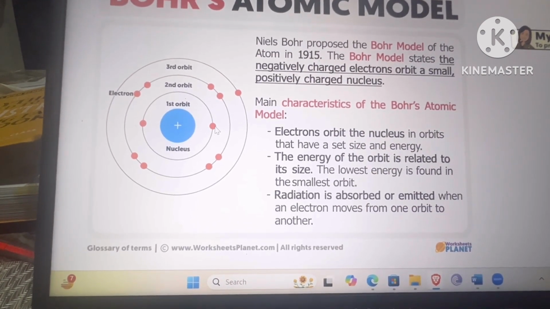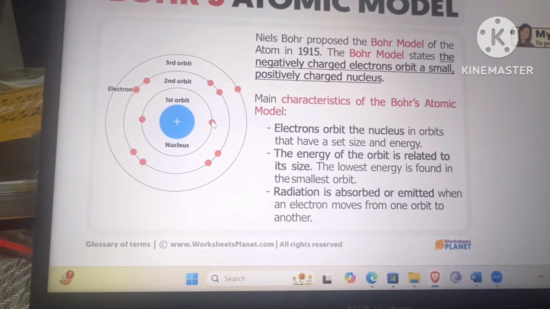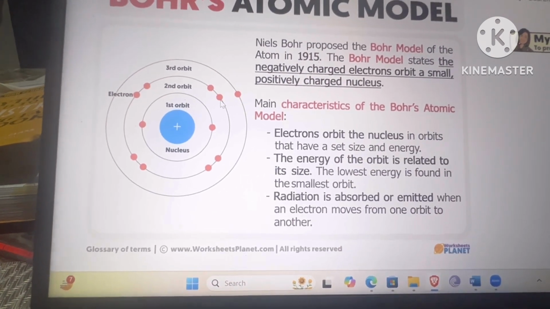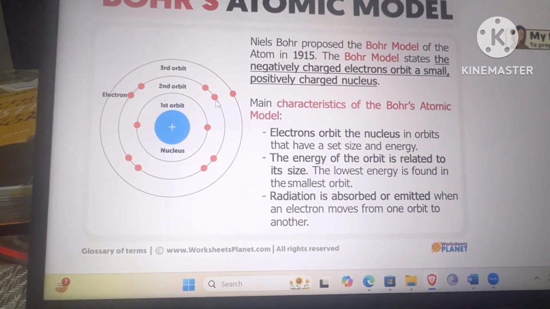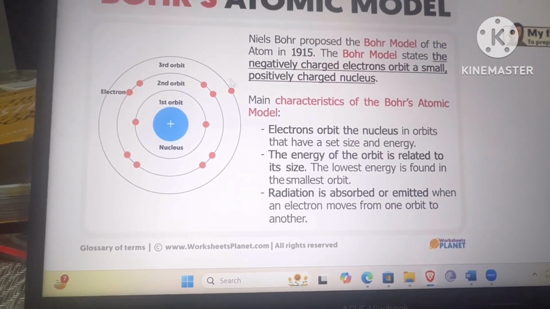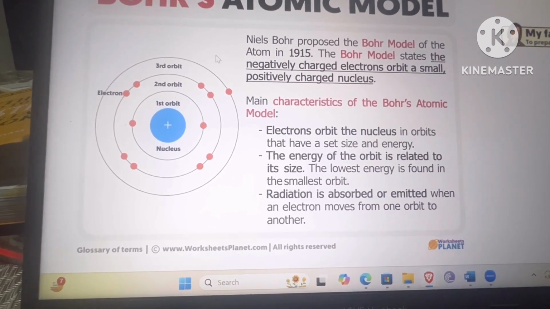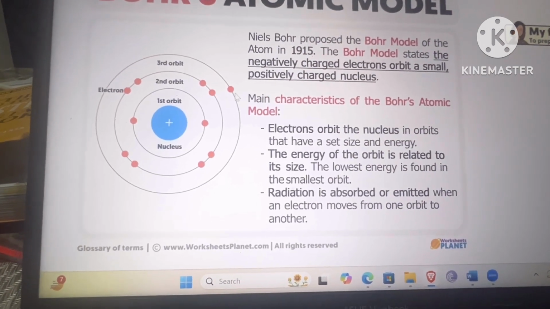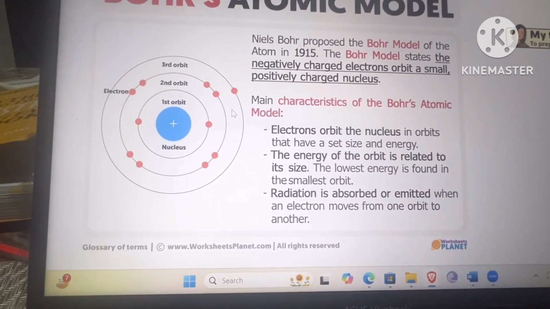What does it mean? It has a low energy level. But the electron will jump to the next orbit. That means it is now in the excited state or in a higher energy level, and then it will jump again to the next energy level. It is again in an excited state, so that could be the highest energy level.